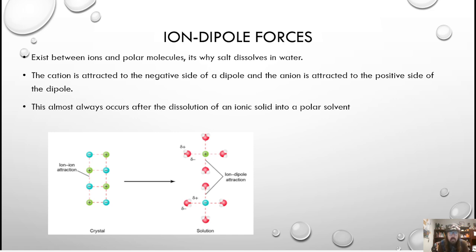For every one cation, you have 4 or 6 waters surrounding it. It helps separate the cations from the other anions. And then the anions can be separated and surrounded by 4 or 6 other waters. And so you slowly drag them off.